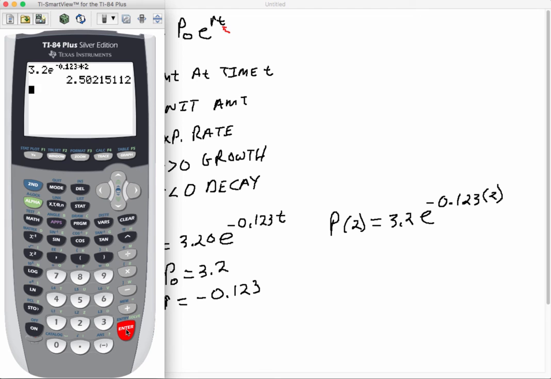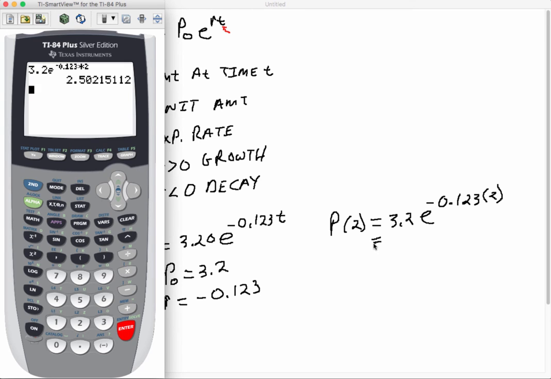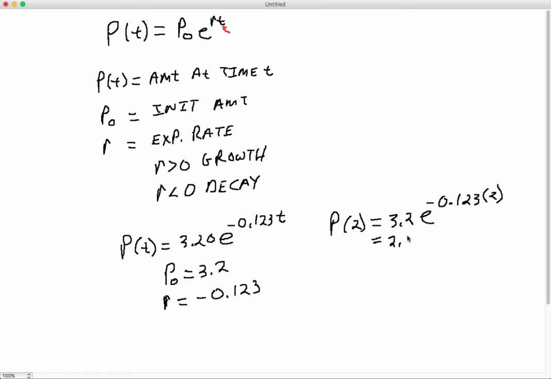We hit enter, and we get back 2.502. So the amount left after 2 time units, out to just 3 places, is 2.502.